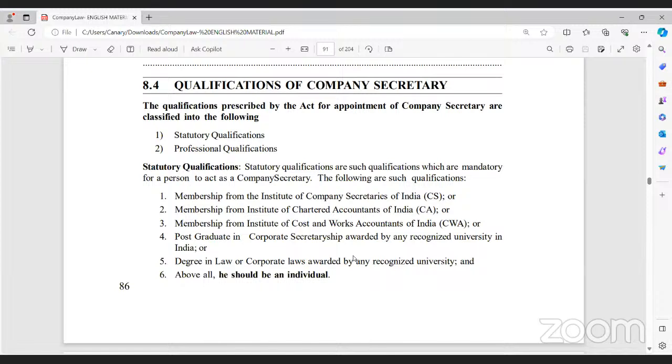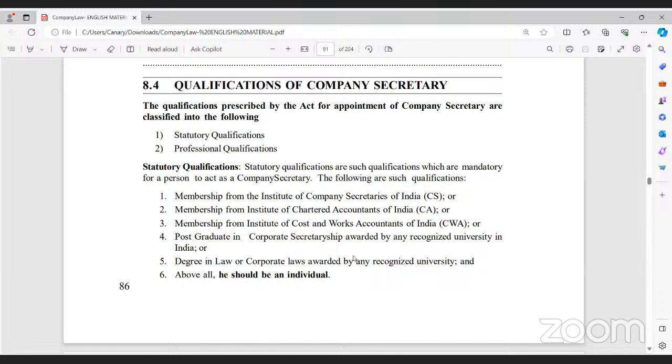What are they? First one is membership of the ICSI, the Institute of Company Secretaries of India. He should have passed the company secretary examination and, by registering his name, become a member of the institute. Next, if not company secretary membership, at least he should possess membership as a chartered accountant in the ICAI, the Institute of Chartered Accountants of India.